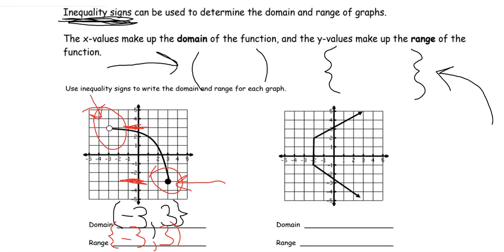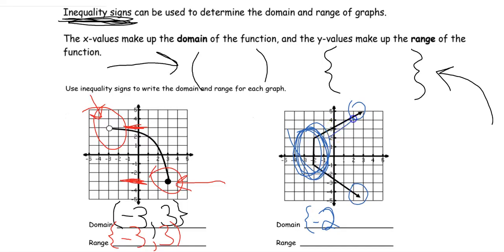Now if I look at my next example here, my next function, this one's a little bit different. This one ends with arrows. Ending on the arrows, we can assume that those arrows continue in that direction forever. So, first thing we want to look at is my domain. We can see here the minimum value for my x is -2. So I'm going to put -2 as my minimum value. Now, there's no open circle here, so -2 is inclusive, so we're going to put a squiggly bracket.